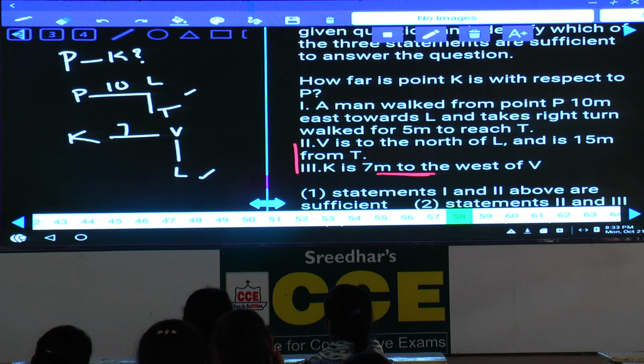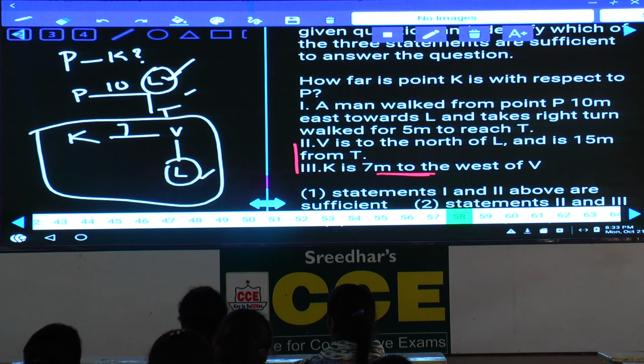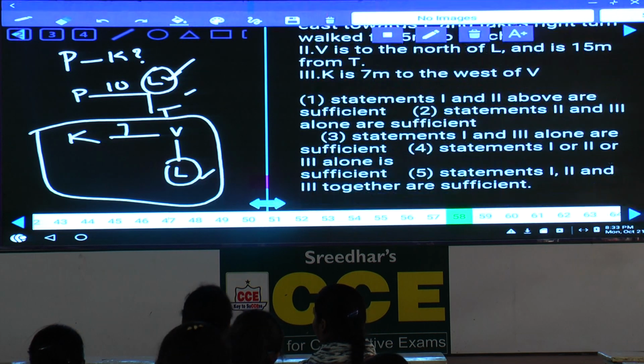L is common, isn't it? L is common here. By combining all the three only, then only we can get the answer. This is by combining 2 and 3. Now, here by combining 1, L is the only element which is common here. Hence, we need to combine this one. By combining this one, are you getting the answer or not? Yes. Then what is your answer here? Choice 5 is the answer.